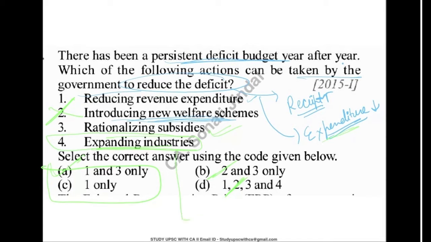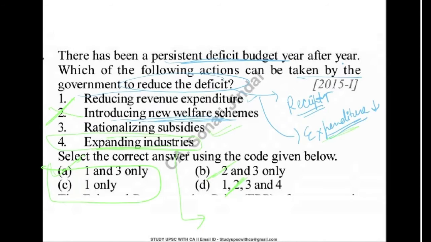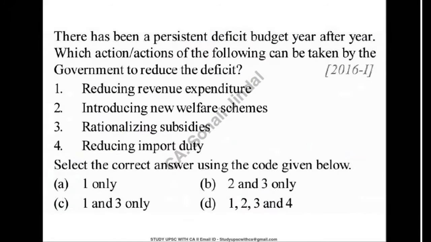Let's read the fourth. Expanding industries. Here also the government has to spend, so it will increase the deficit. Here also you can see in 2015 the question was asked on the persistent budget deficit and the actions to be identified to reduce the deficit. A similar question has been asked in 2016 as well. Reducing revenue expenditure? Yes.